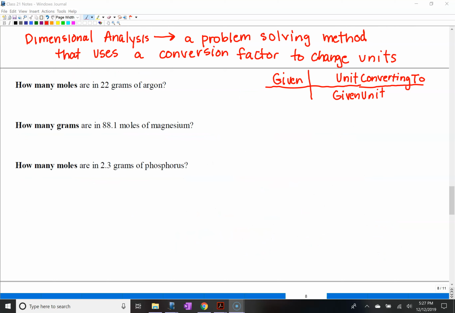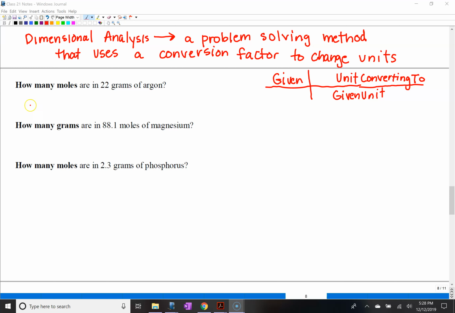To solve mole problems, we're going to use a problem-solving method called dimensional analysis. Dimensional analysis is simply a problem-solving method that uses a conversion factor, which remember is just a fraction equal to 1, to change from one unit to another unit.